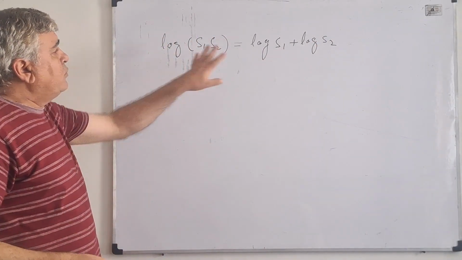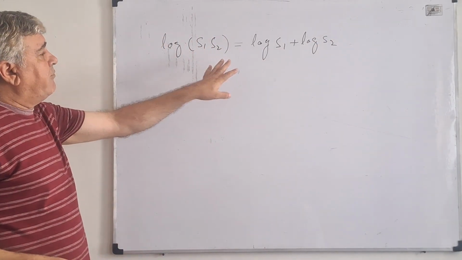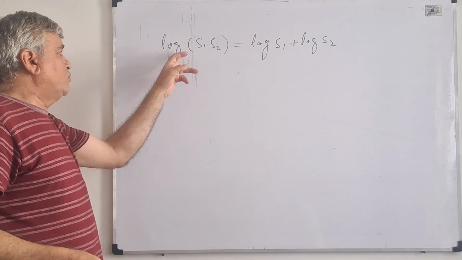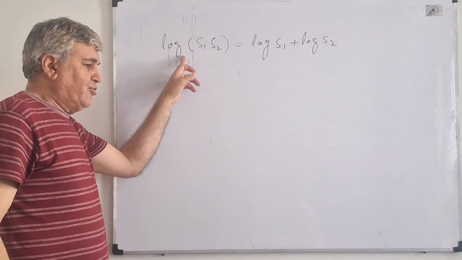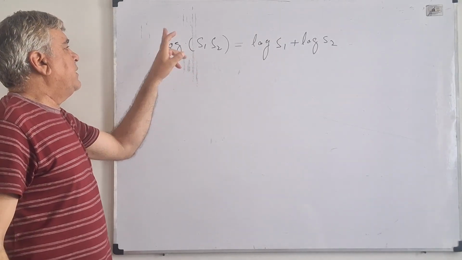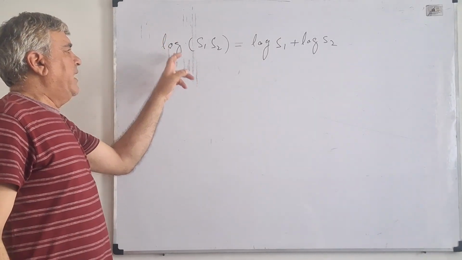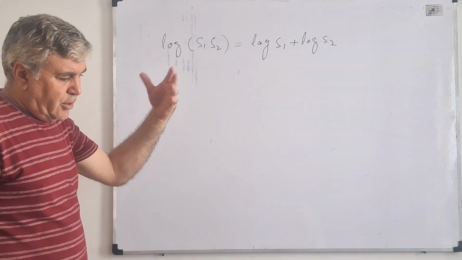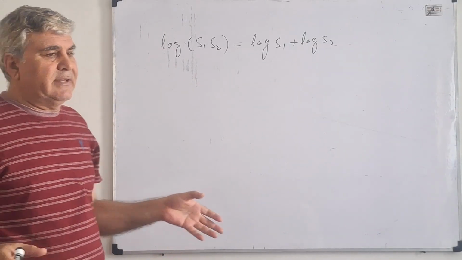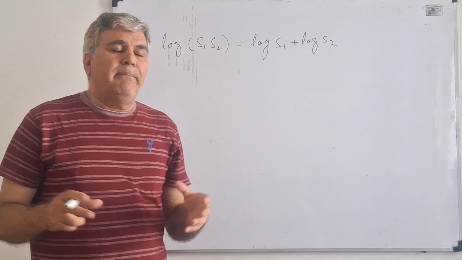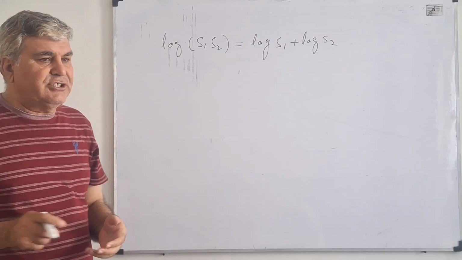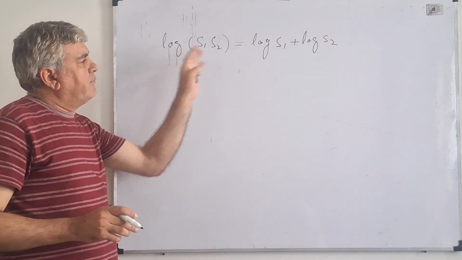And obviously, we use other properties of the logarithm. For example, we can use the logarithm natural with base e, or with base 10, or with base 2. If you are using base 10, that means you are dealing with decimals. If you are using base 2, you are dealing with binaries. So those are the different forms.